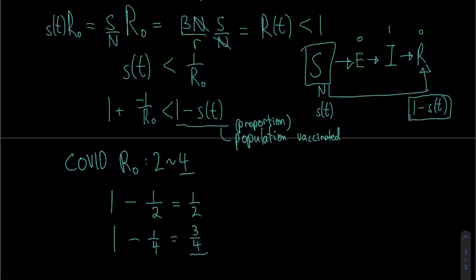And we also need to note that this disease has been around for a while, so a lot of people have already recovered, so maybe this value doesn't need to be as high, but that's not for me to decide. I'm just showing you the math.